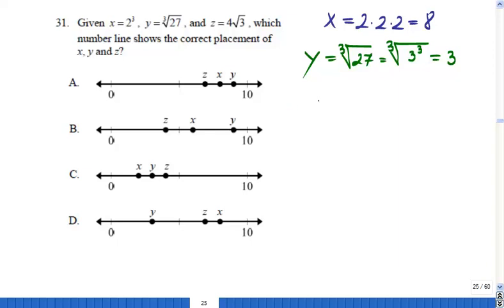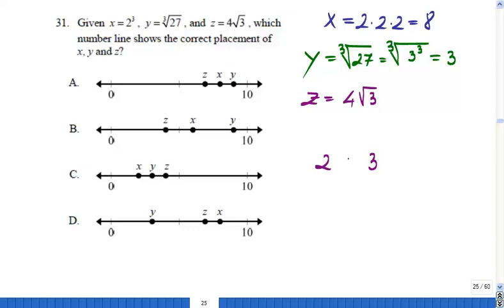Let's look at the other one, z. I'm going to use a different color. Z is 4 square root 3, and we don't know exactly where that number is located. We have to estimate. I'm going to start by comparing 3 with the previous whole number before 3.